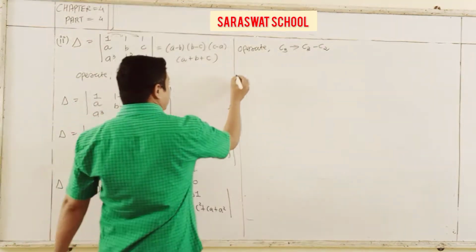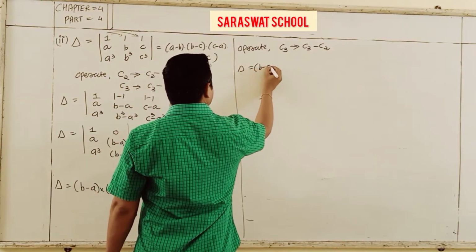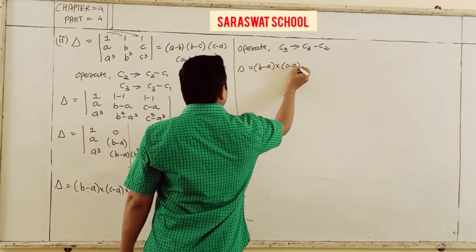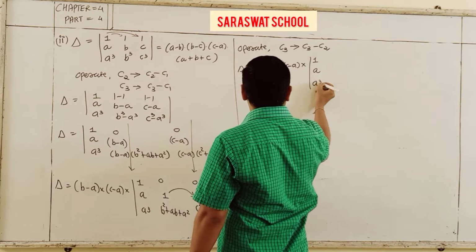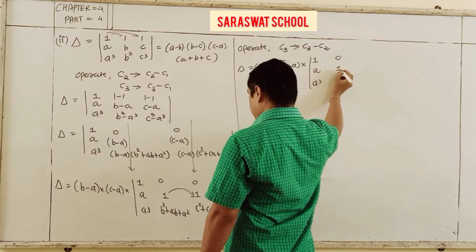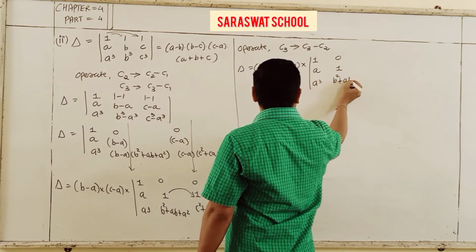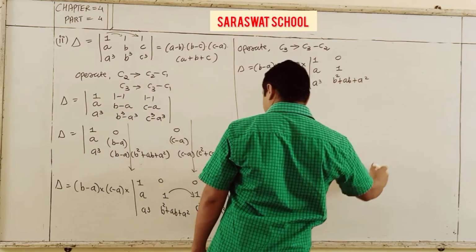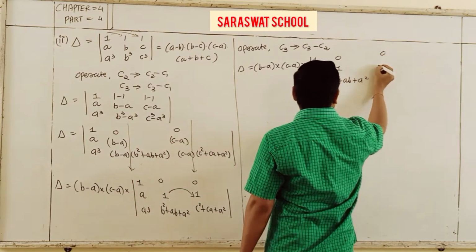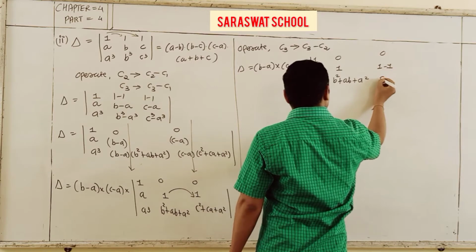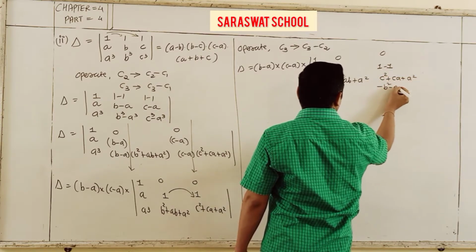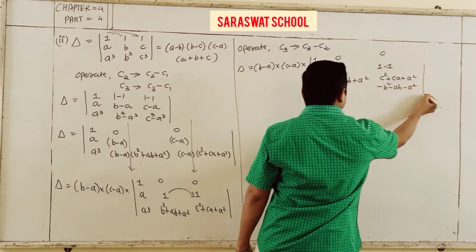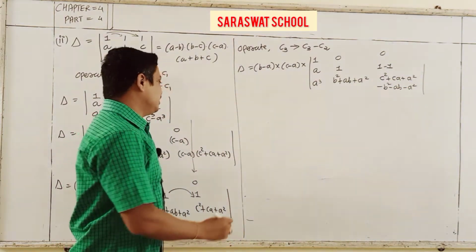So my del value is b minus a, c minus a, here as it is. That should also be the same, 0 1 b square ab a square, and here same as 1 minus 1, c square ca a square minus b square minus ab minus a square.